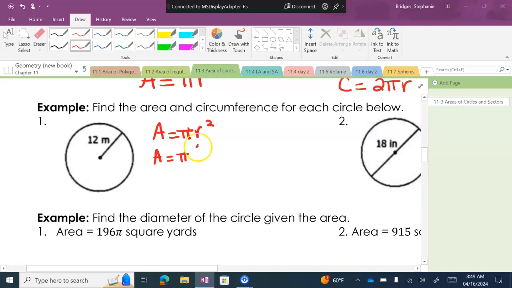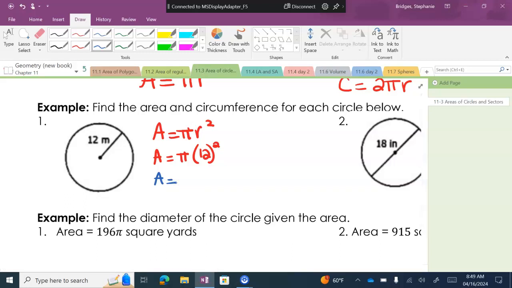Okay, so let me ask you this. What is the length of my radius? 12. Okay. So what I want you to do when you're finding the area is find your radius and square it. We don't need to worry about the pi symbol. We're going to leave that in our answer. So if you're not sure what 12 squared is, do it in your calculator.